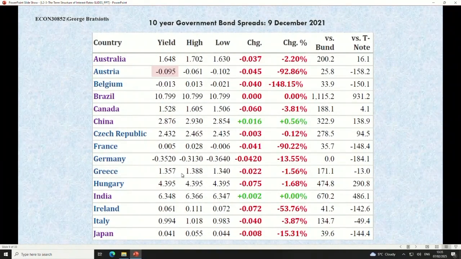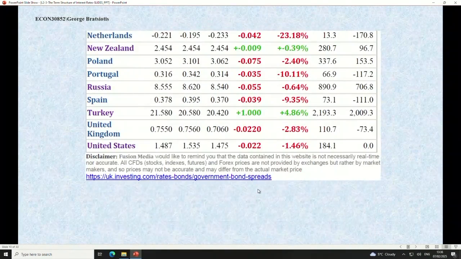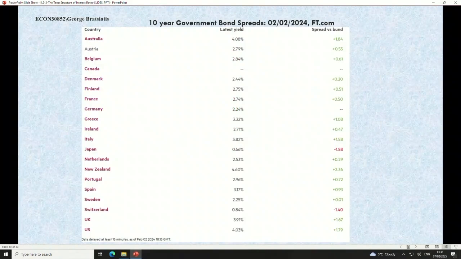Yes, I mean, you have Greece down to 1.3%, a yield of 1.35, Italy about 1, and then if you carry on, you will see that if you come, for example, to today, if you can read this, I mean that was last year, this year it's even lower, you will see the difference between the German and the Greek bonds, for example.